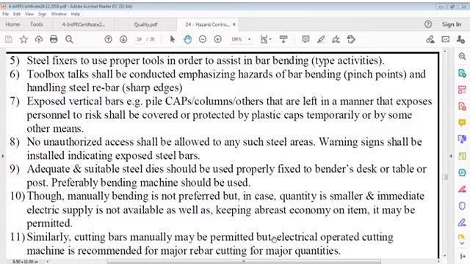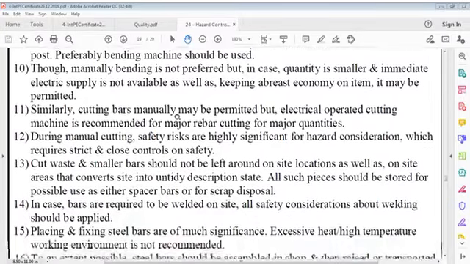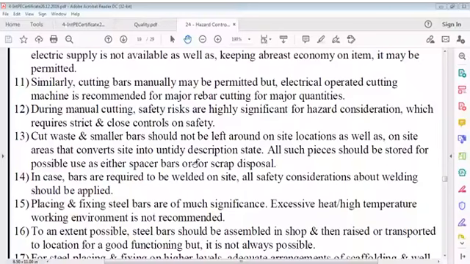Similarly, cutting bars manually may be permitted, but electrically operated cutting machine is recommended for major rebar cutting for major quantities.